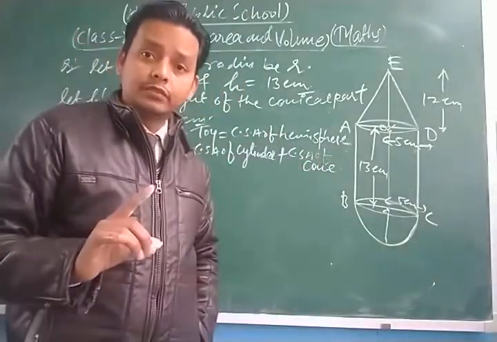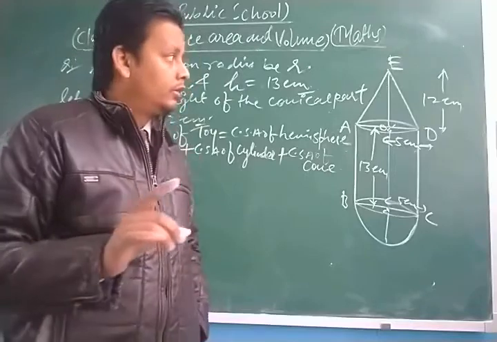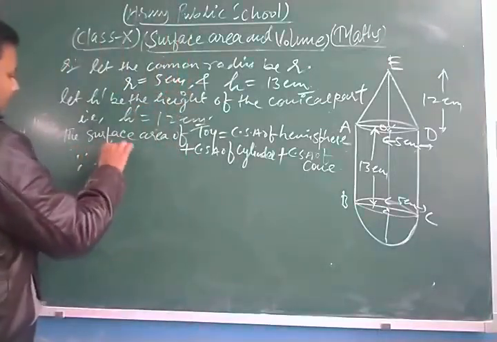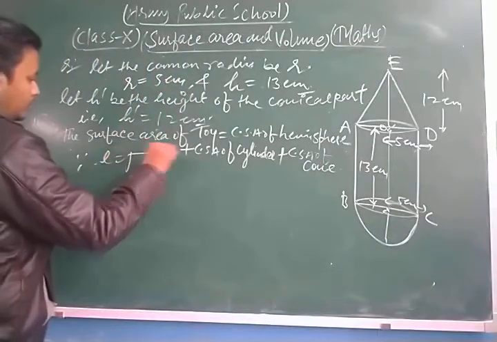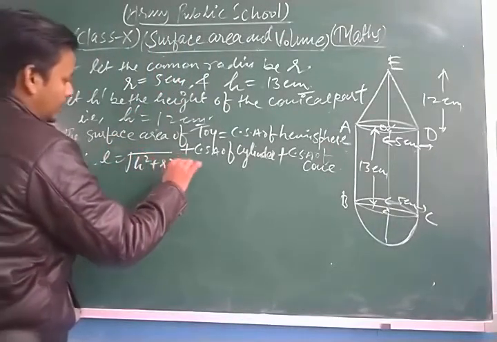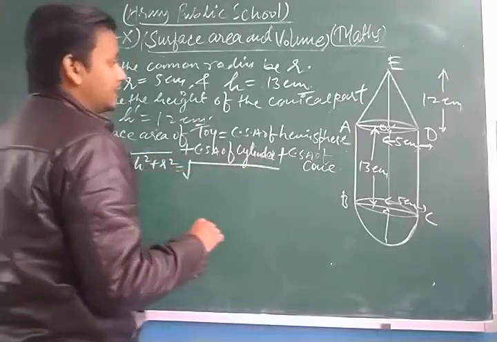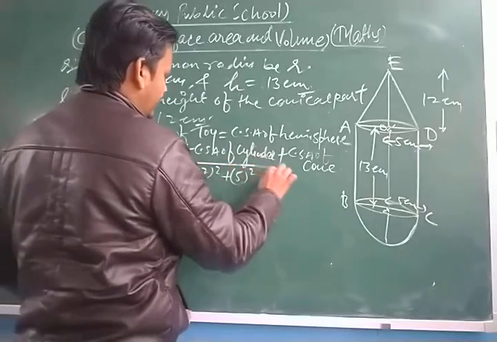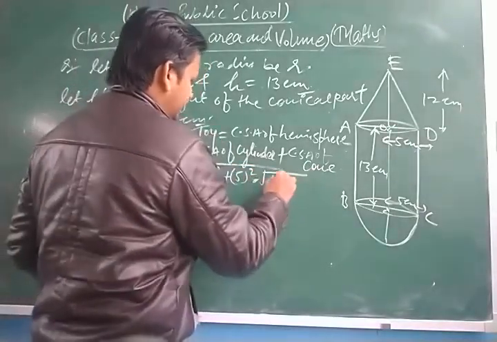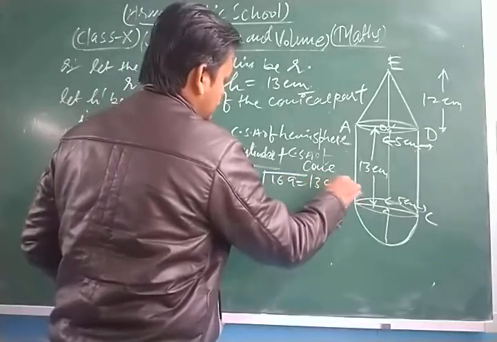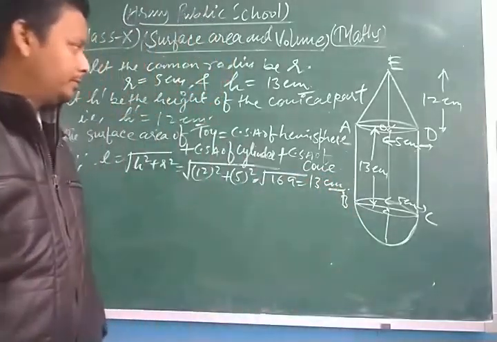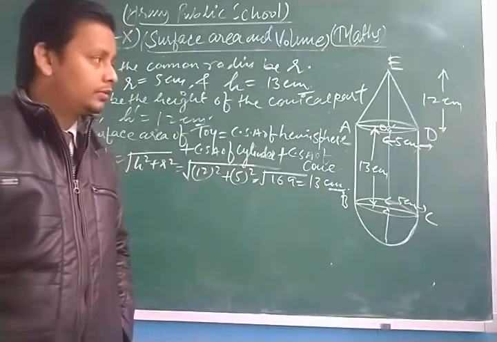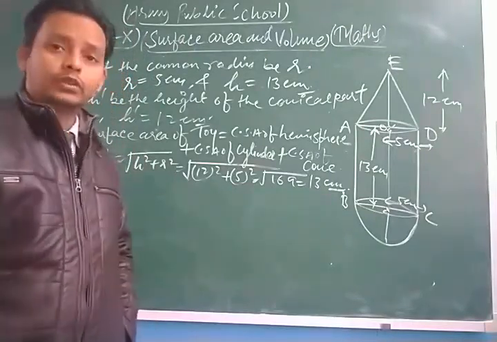For finding the curved surface area of the conical part, first we find the slant height of the conical portion. We know that l is equal to the square root of h squared plus r squared. Here h is 12 and the radius is 5, so this is 169, that is 13 centimeters. This is the slant height of the conical portion.